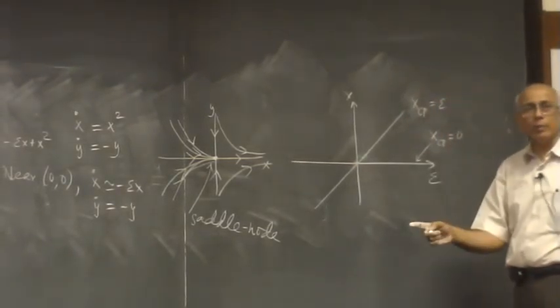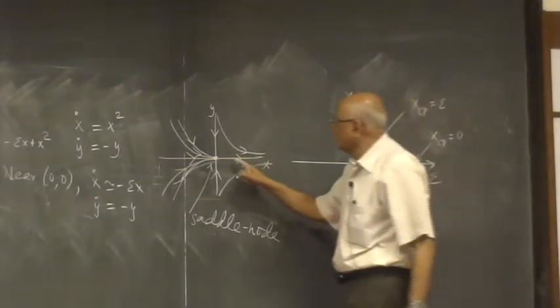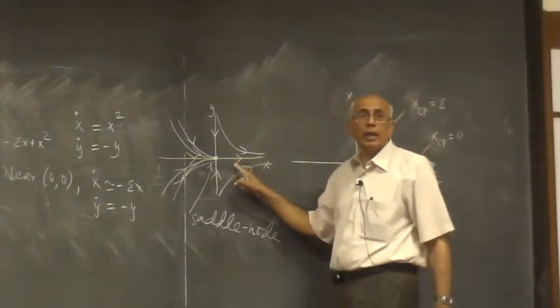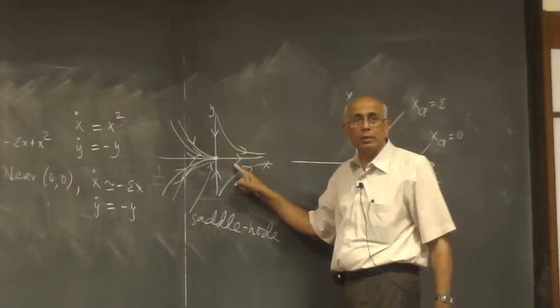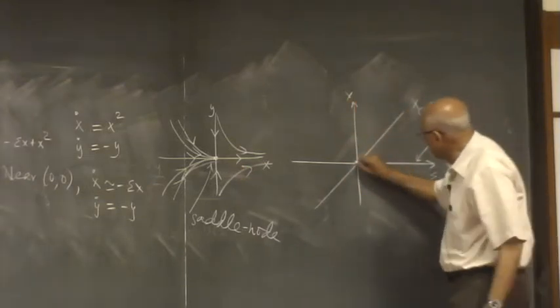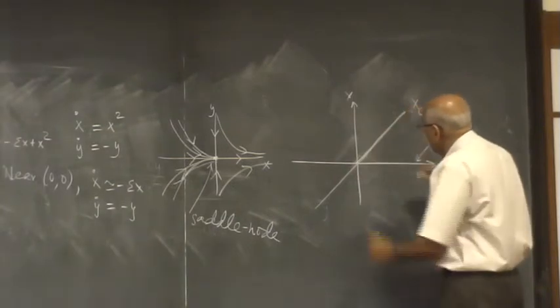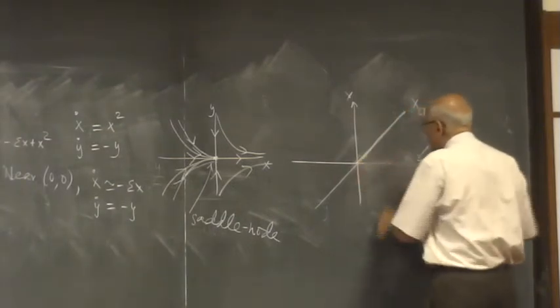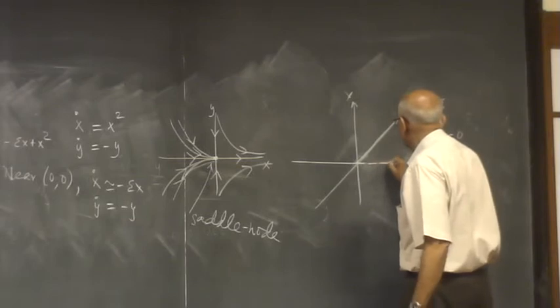For positive values of epsilon, the point at epsilon is a saddle point and therefore unstable. On the other hand, this guy was stable. So this is your stable root. And this is unstable, and conventionally one draws it with a dotted line.